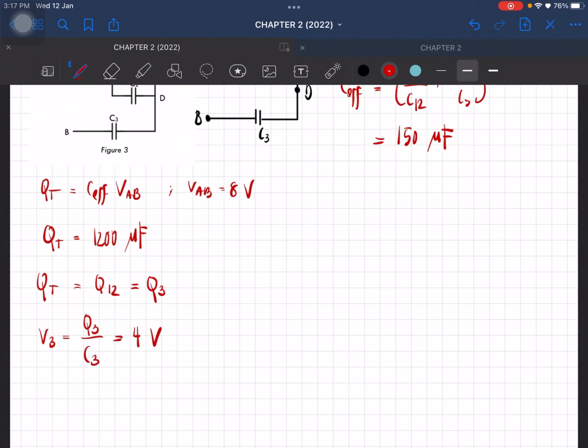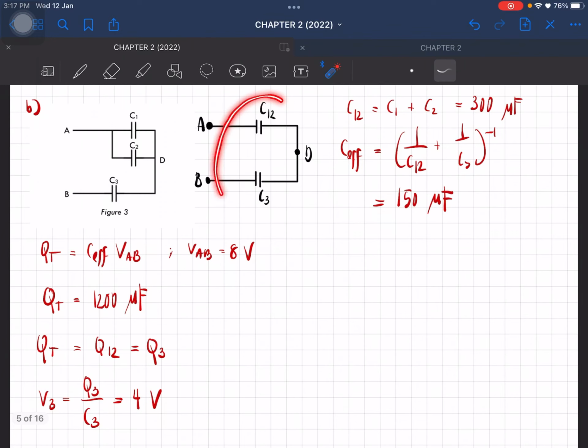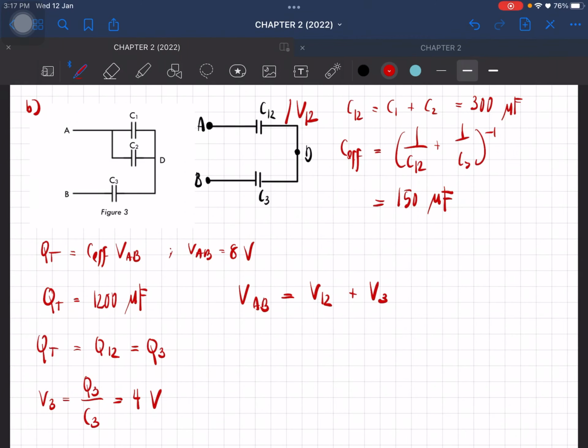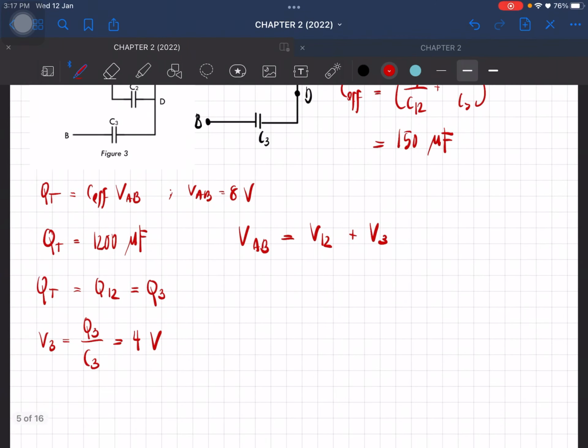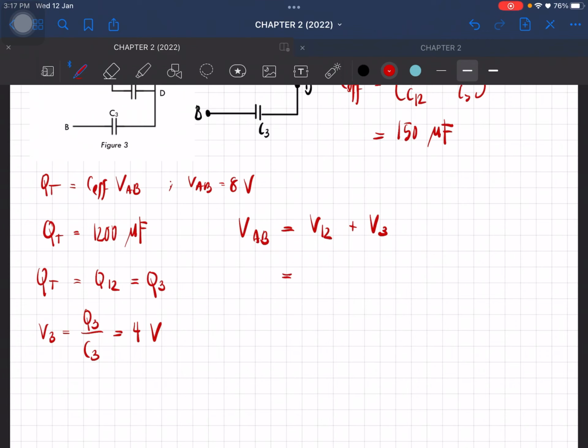Since this is also connected in series, we can then calculate the potential difference for this part here. So V total, or VAB, is equal to V12 plus the voltage across capacitor 3. Same concept as before. V12 is the one that we are looking for, so 8 minus 4 volt.